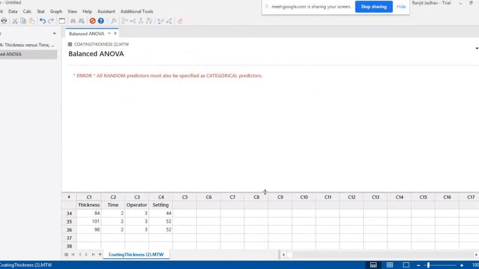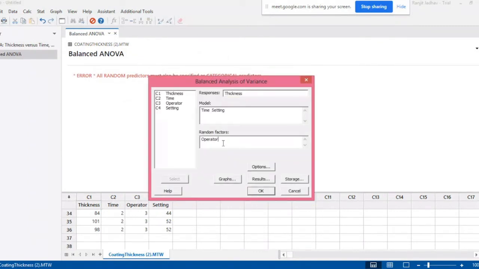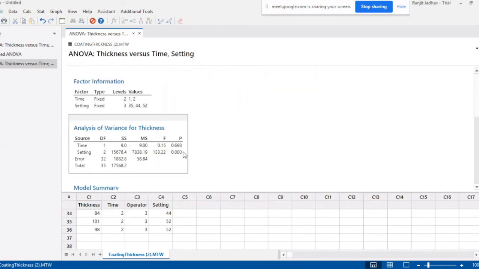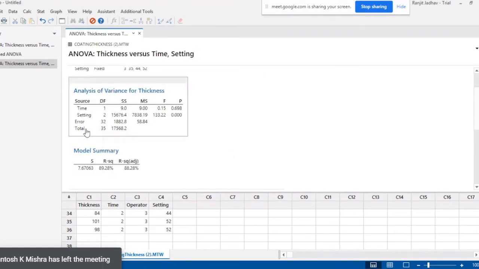So how will it look like? A random factor can be any factor which is not included in the study, which may be impacting the study, but which we are not so much concerned about. So if you put only time and setting, your setting is significant.